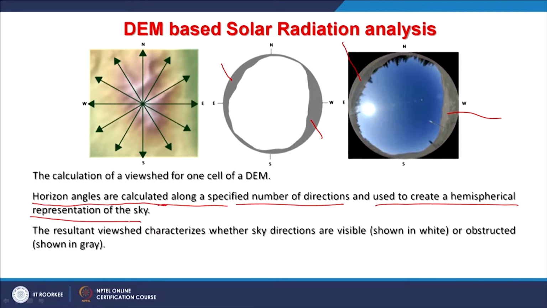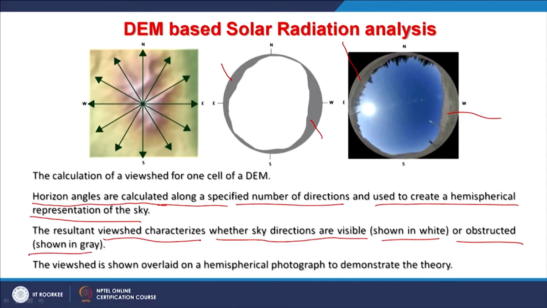And what ultimately you would get is a viewshed, which characterizes whether sky directions are visible, shown in white, or obstructed, shown in grey. This white part is completely visible, whereas these grey parts are obstructed.